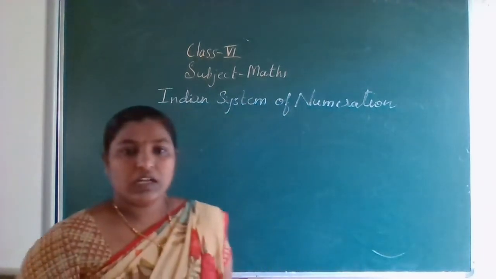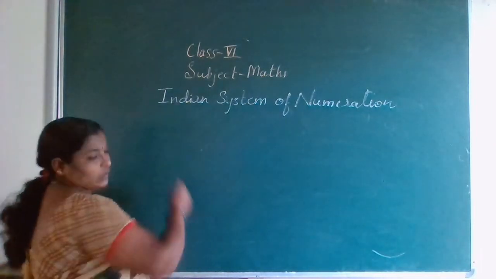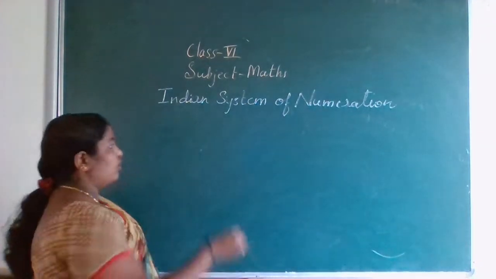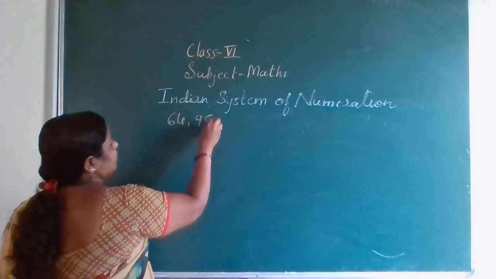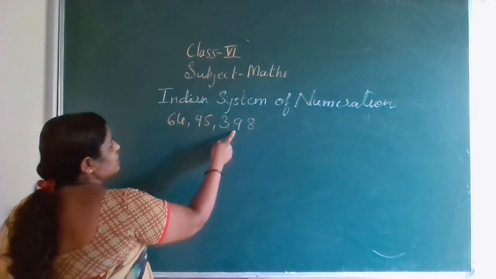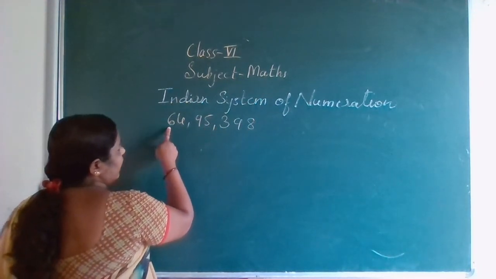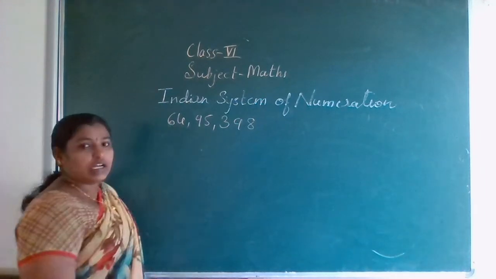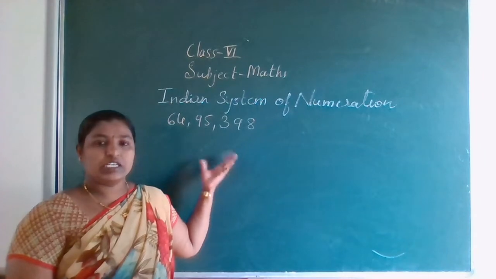I'll take an 8-digit number: 64,95,398. Ones, tens, hundreds, thousands, ten thousands, lakh, ten lakh. So this is a large number, a 7-digit number.